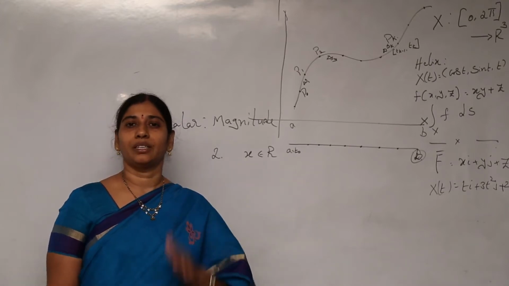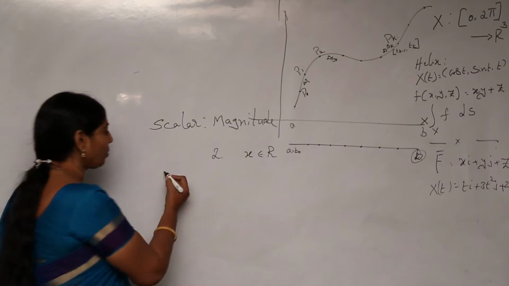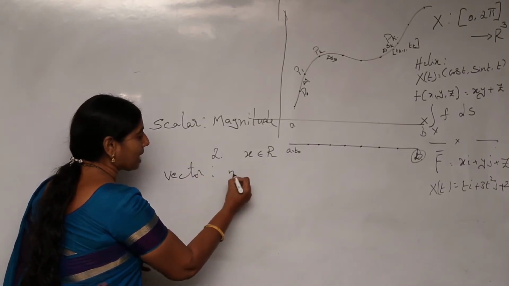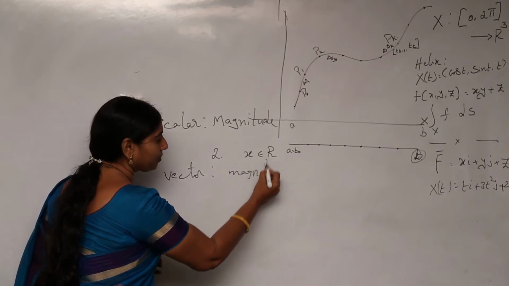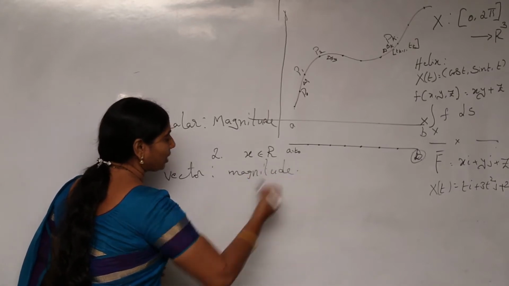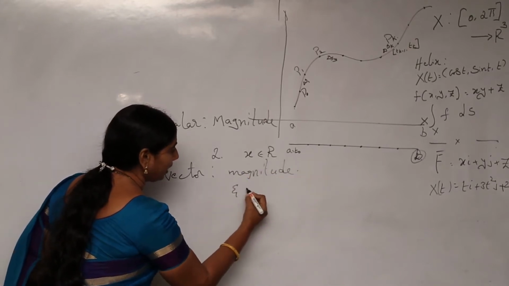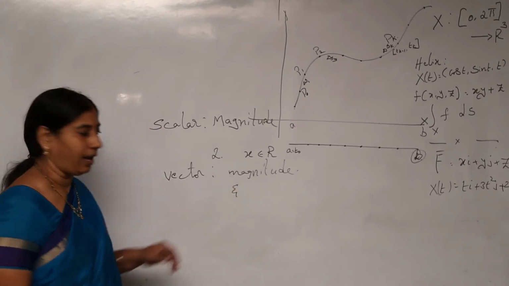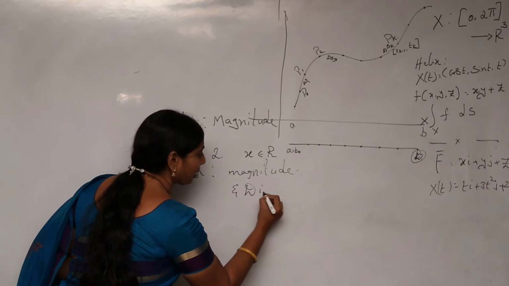Then what's a vector quantity? A vector is a quantity which has both magnitude as well as direction. So a vector quantity is represented not only through magnitude but also through a specific direction.